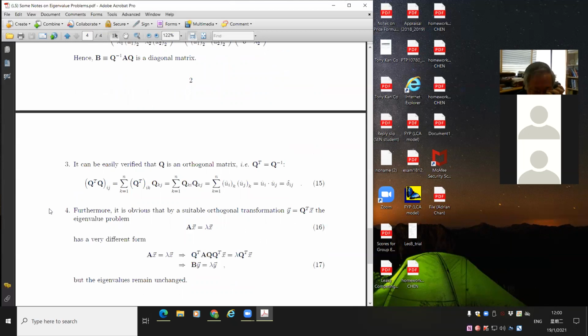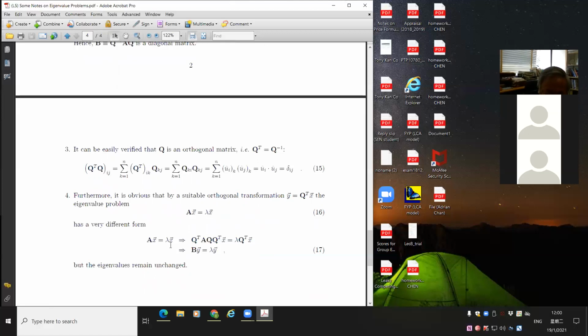Furthermore, it is obvious that by a suitable orthogonal transformation, the original eigenvalue problem has a very different form. Let's take a look at it closely. So we apply the Q transpose to both sides, and then insert an identity matrix in between A matrix and the column vector X vector.